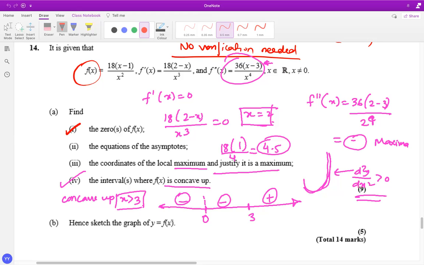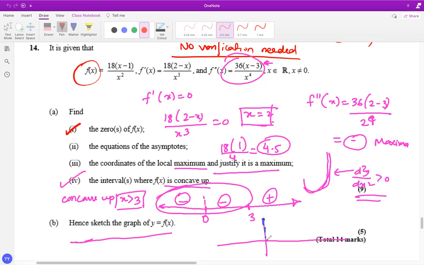And hence now we have to sketch the graph. So the graph is entirely concave down for this range. If I have to sketch the final graph, this is the x-axis, and there is a vertical asymptote at 0, so I'm going to draw a vertical asymptote here quickly.